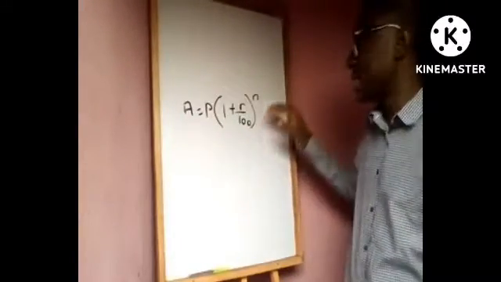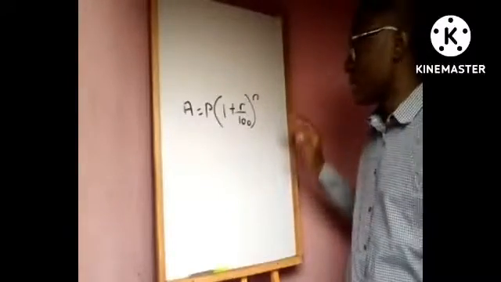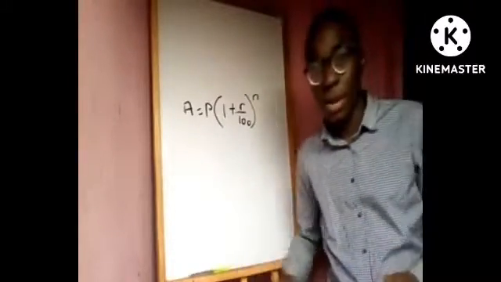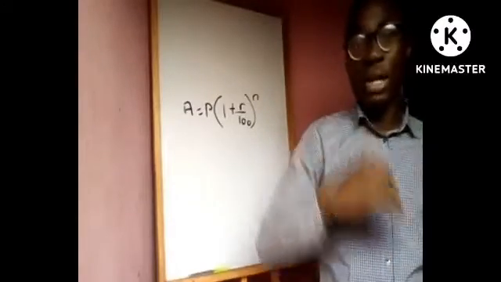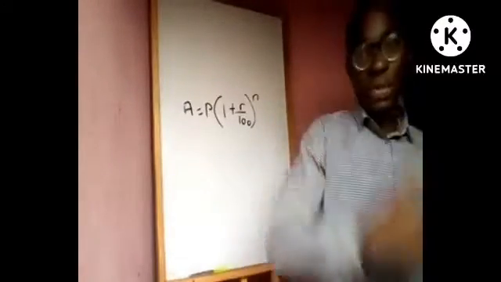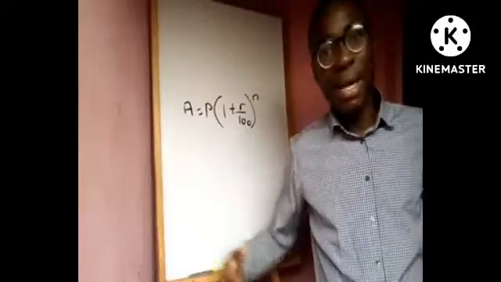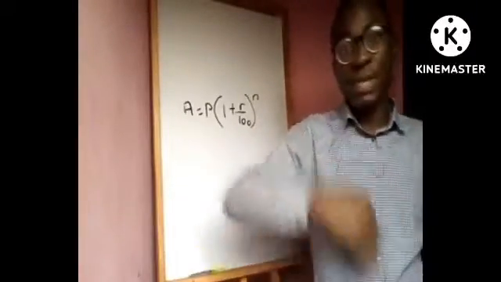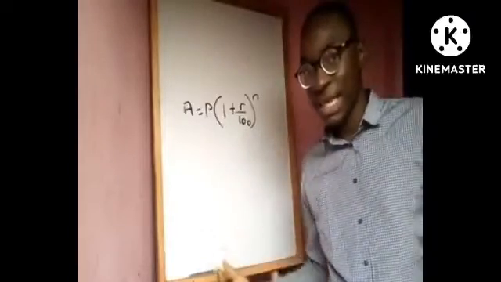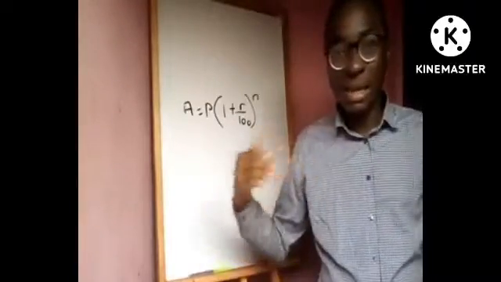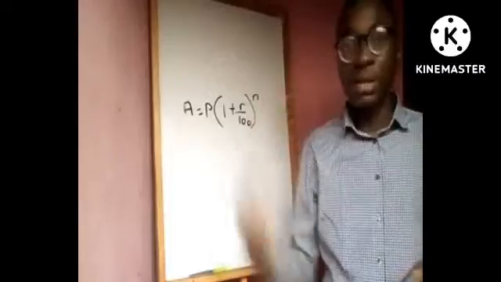Now this formula represents your compound amount, and this compound amount is formed when the interest you earn for the first year is added to your principal, and then that aggregate is used as the principal for the next year. Then the principal for the next year plus the interest for the next year, when you add them together, will give your principal for the following year, and so on.